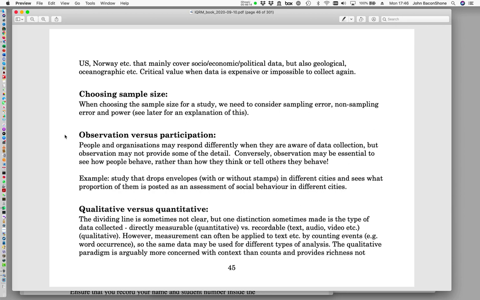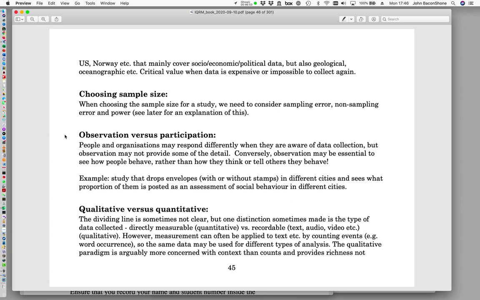Now, qualitative versus quantitative. So what is the difference between these two? So sometimes people used to distinguish it by the type of data collected, things which were directly measurable as opposed to recordable. So text or audio or video people would often see as qualitative data, because they were things you could record, but they were harder to quantify. But these days, we're becoming much more skilled at applying measurement, even to text or audio or video. Right, so it's less about the type of data we collect, it's more about how we collect it.